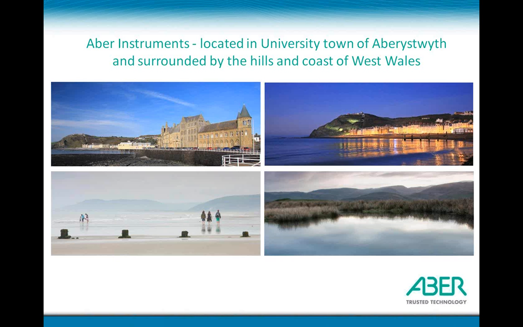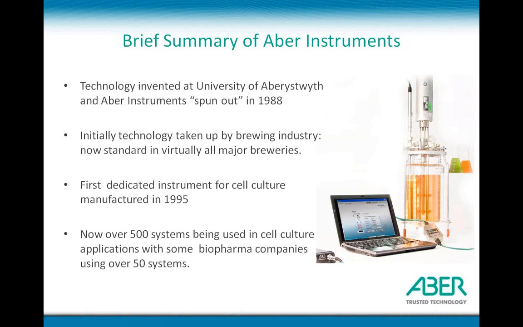In the case of the brewers, the probes are used to accurately dose the exact amount of yeast into each fermentation and are now a standard in virtually all the main brewing groups worldwide. Customers include Anheuser-Busch, which is now AB InBev, Coors, Heineken, Guinness and Carlsberg. The probes are now being used in microbreweries, and those in USA might recognize names like Dogfish Head, Deschutes and Sierra Nevada, who use the Aber Instruments yeast monitor.